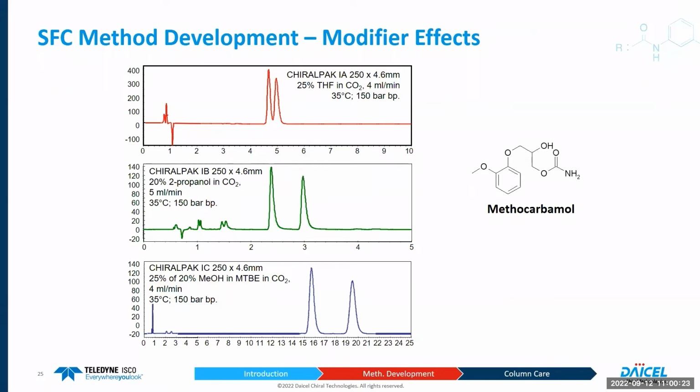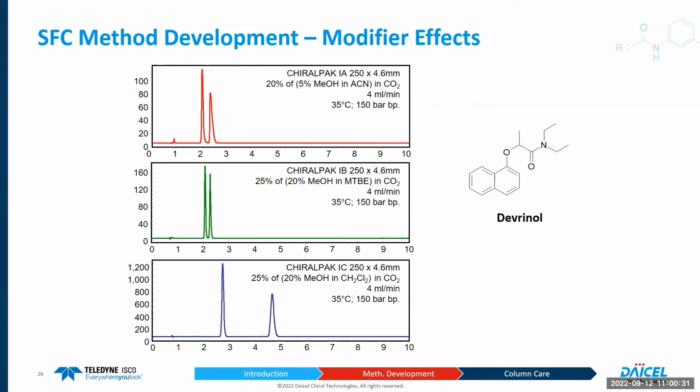Nice baseline resolutions, more or less across the board, except for IA, but certainly room there for optimization for IA. And as another example, Devronol, same thing, IA down to IC at the bottom, methanol acetonitrile, methanol methyl tertiary butyl ether in the middle, and then methanol DCM at the bottom here on Chiralpak IC.